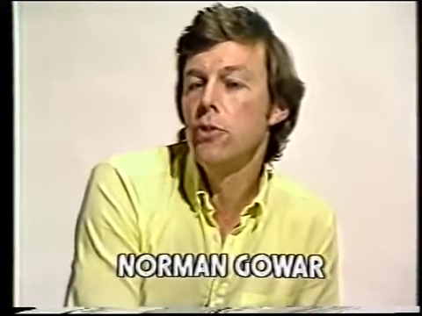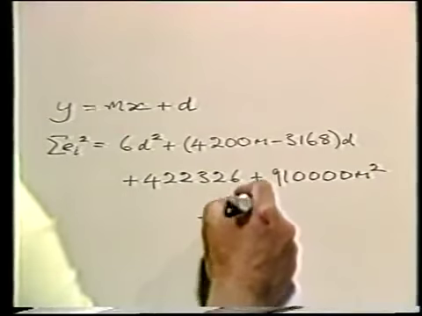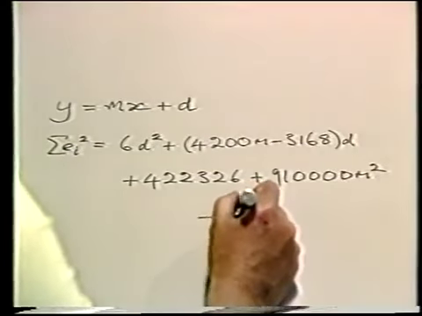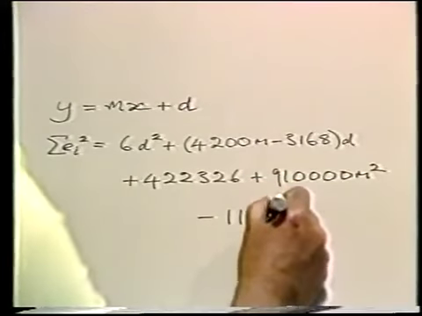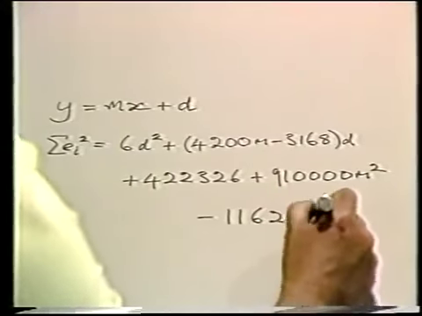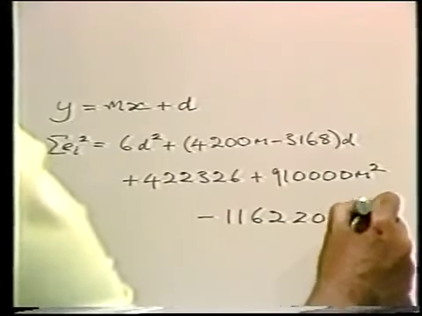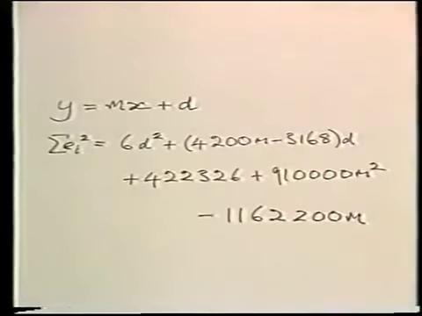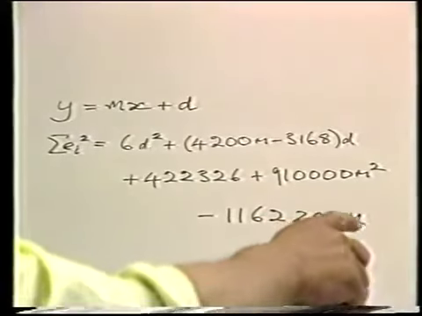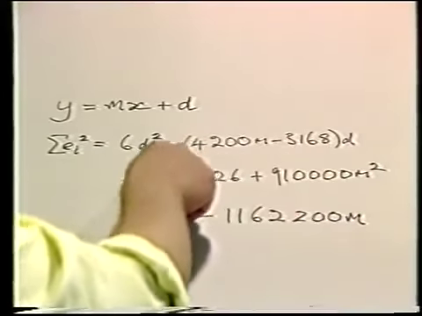Before the program, we asked you to calculate that quantity for the particular set of data that we gave you for the elastic band. It was this horrible thing, and the last number was minus 1162200m. It involves two unknown quantities, m and d.